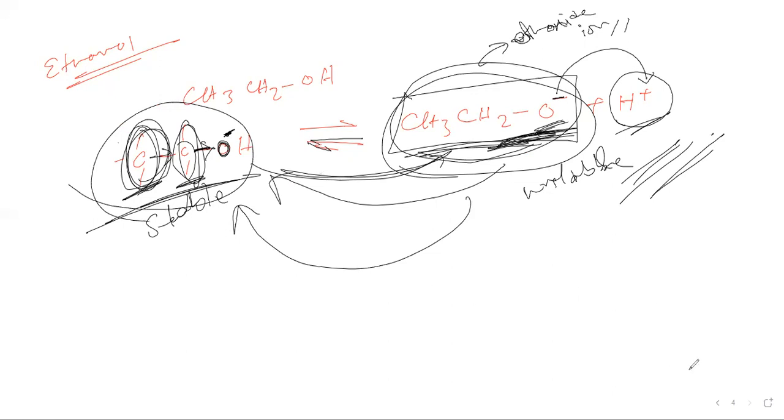Now, if I talk about another comparison, let's say water. What happens with water? As we have studied earlier, it is partially ionizable. It ionizes itself in the water, it breaks down. Water undergoes a very partial ionization reaction.